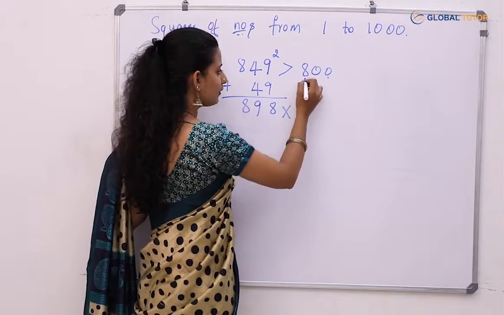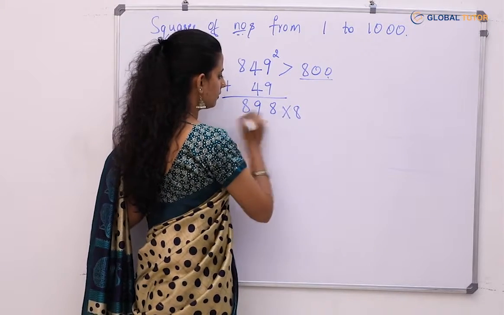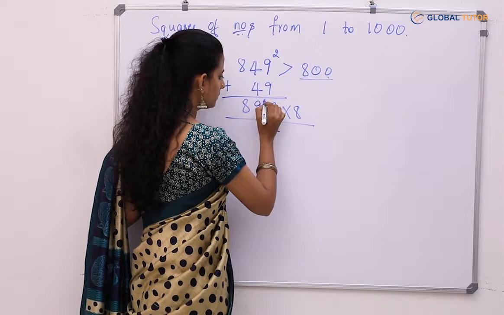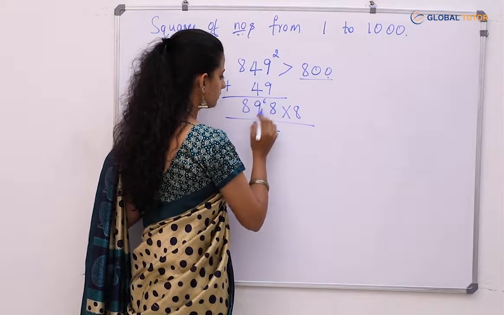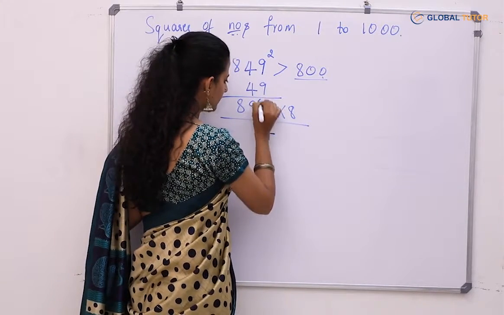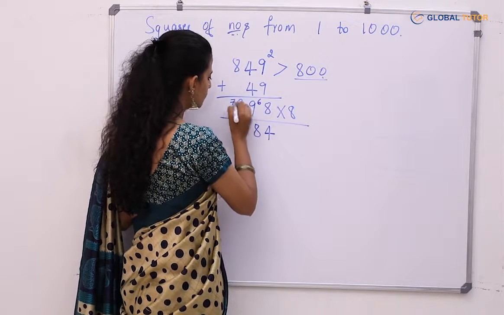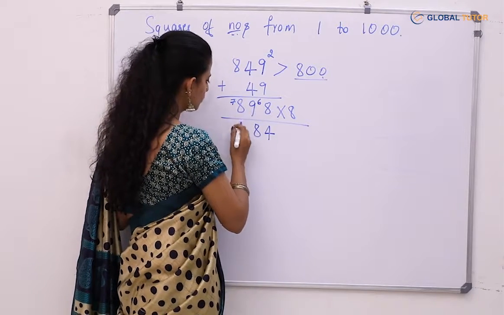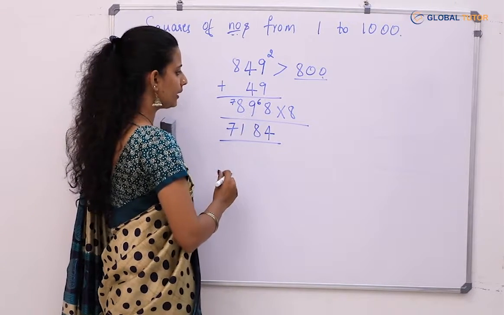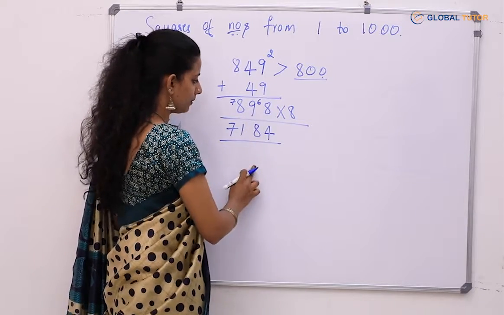Now, because the reference number is 800, you multiply 898 with 8. So when you multiply this, 8 8s are 64, 8 9s are 72, 72 plus 6 is 78. 64 plus 7 is 71. So we got 7184. Now you have to add 49 square here.